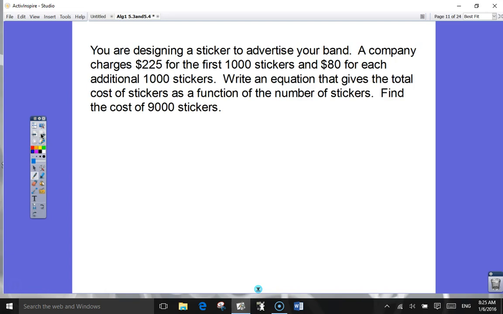That means x is the number of stickers and the cost is y. So we have 2 points here. Actually, I'm wrong. Sorry, I told you a wrong thing. That is definitely a point.